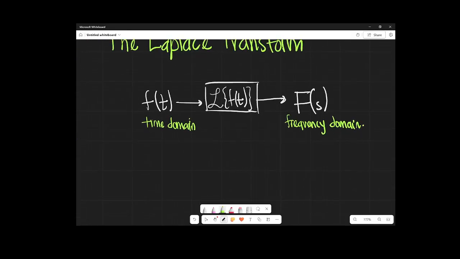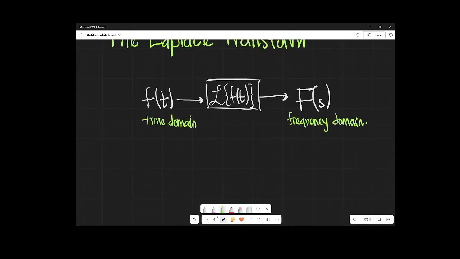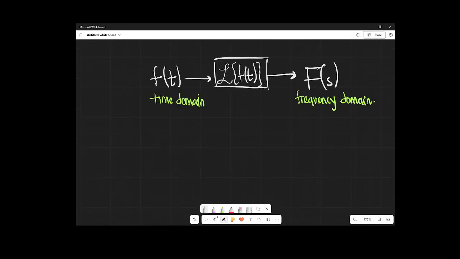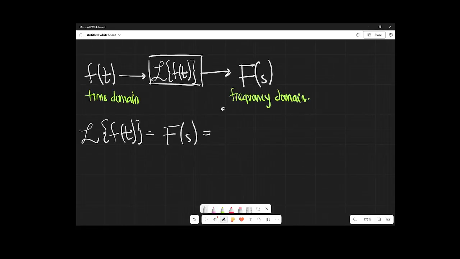All right, so if we were to write this analytically, we could say that the Laplace transform of the function in the time domain is equal to the function in the frequency domain, and that is given by this expression here.